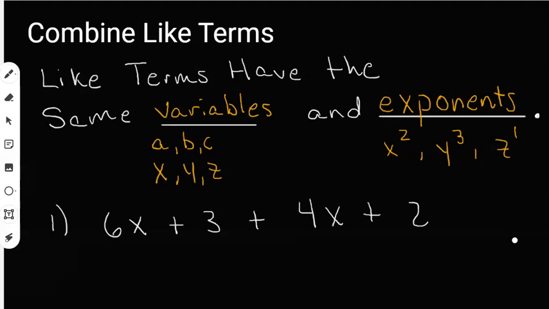And once you've gotten that written down, we're going to underline like terms. I want you to underline all the terms that end with an X. Do that first. We're going to underline all the terms that end with an X, because they're going to have the same variable, right?